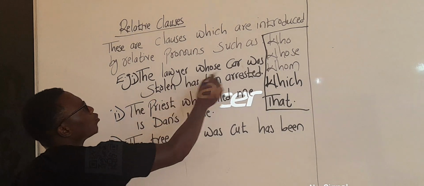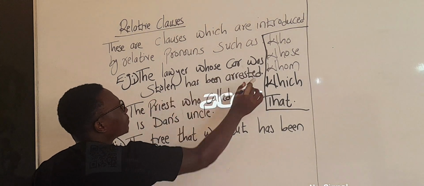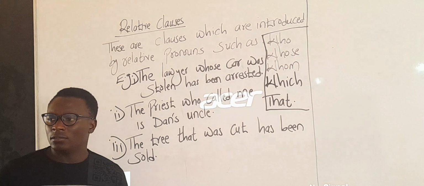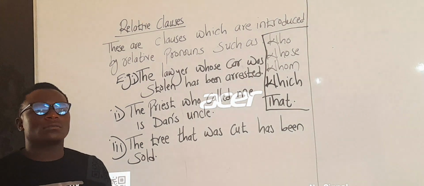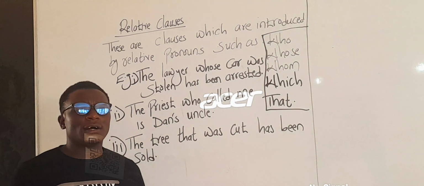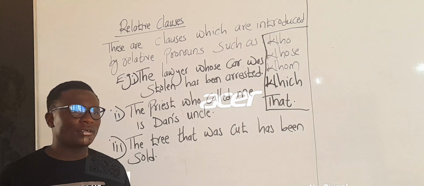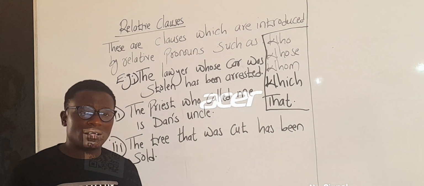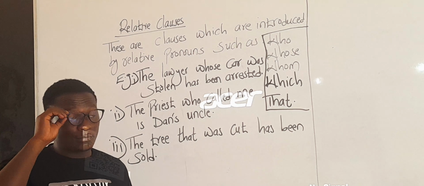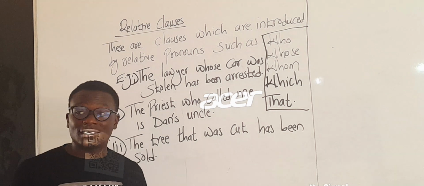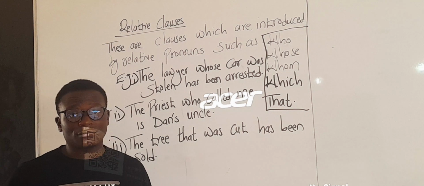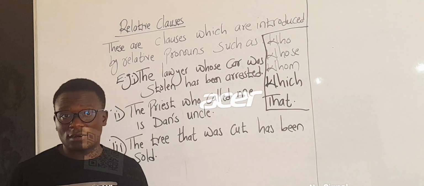The lawyer whose car was stolen has been arrested. I've seen many questions where students have been asked to identify the relative clause in the exams. Most of them can't get it because they don't know which part is a relative clause.